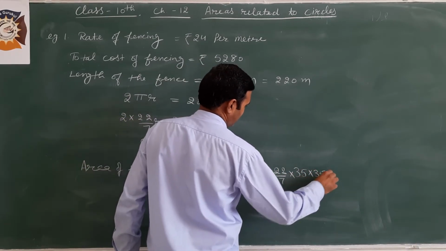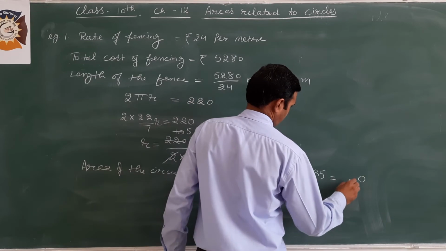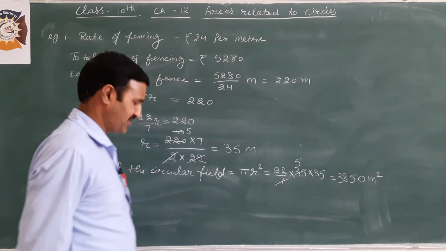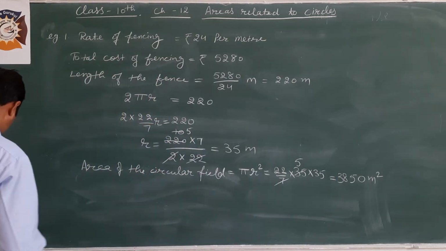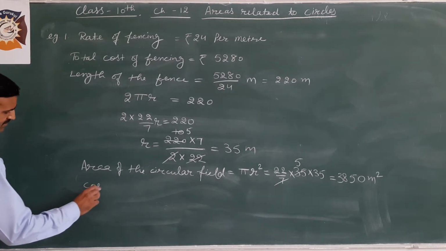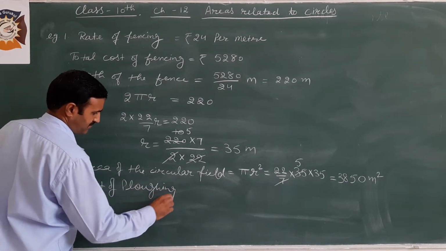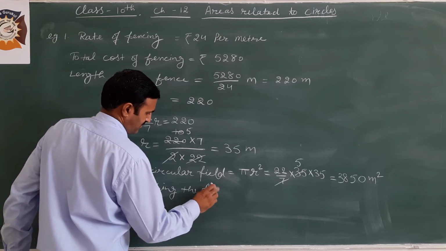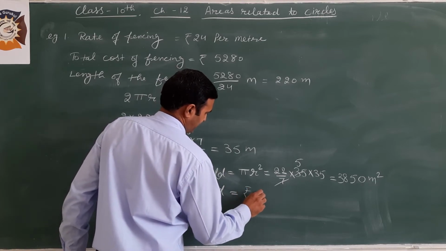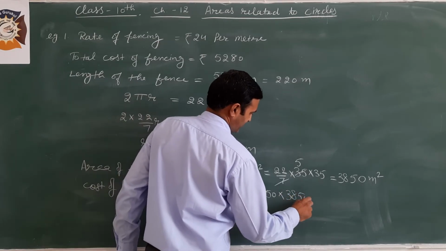We will multiply 2 times because square is given. 3850 square meter is the area, and the cost of ploughing the field, the rate is 50 paise per square meter and the area is 3850 square meter.